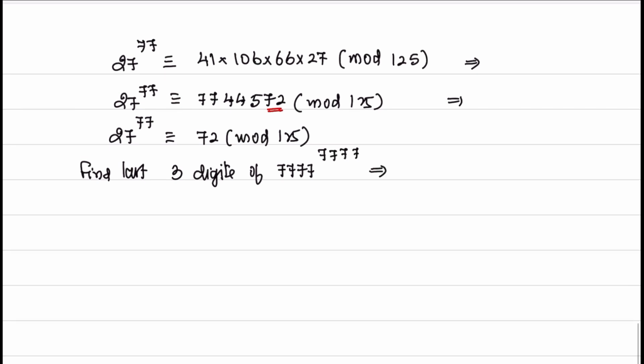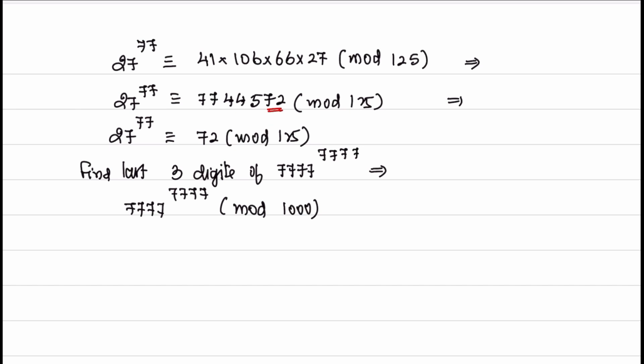That is equivalent to 7777 to the power of 7777 mod 1000.